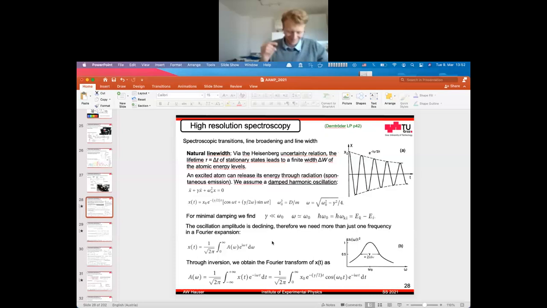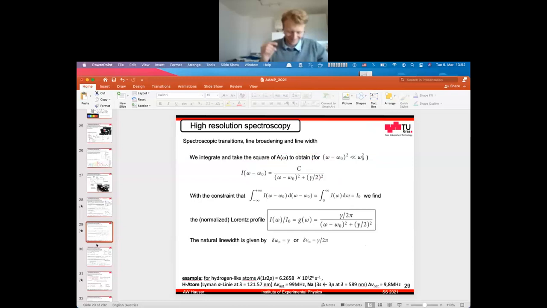So if I take the inverse, the inversion, I'm getting the Fourier transform of x of t, which is then a of omega, the prefactor for the Fourier transform, an integral over x of t times the factor that comes from the inverse Fourier transform.